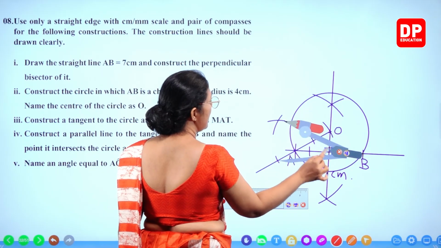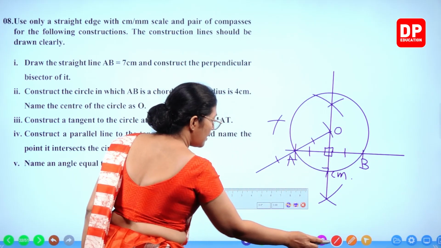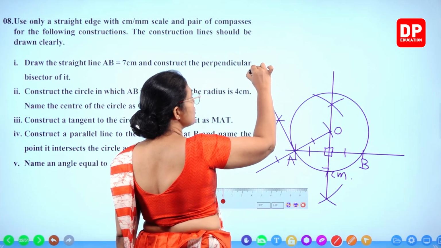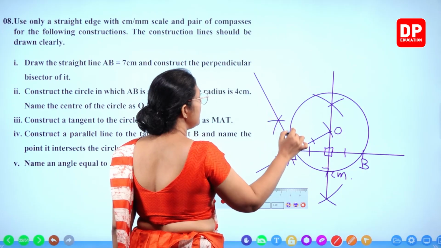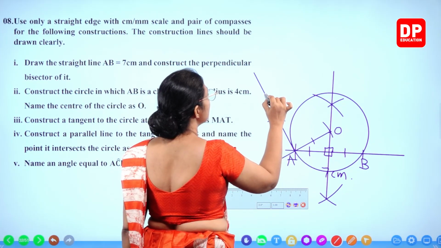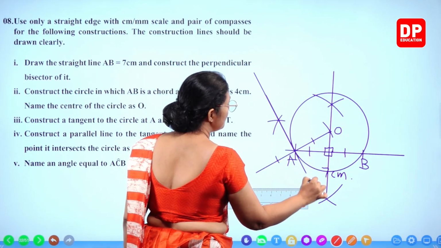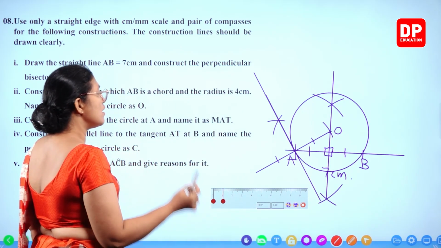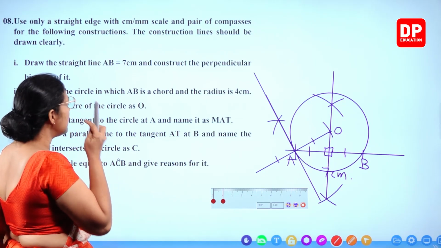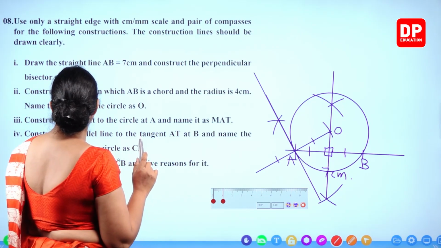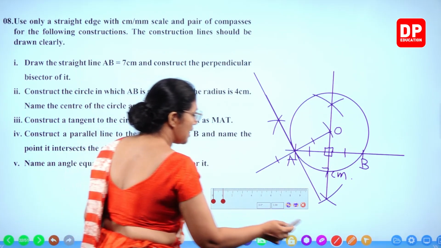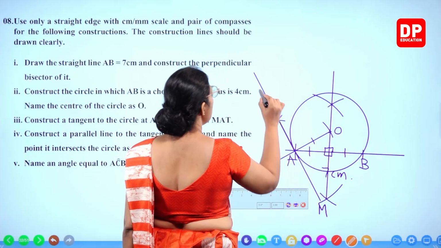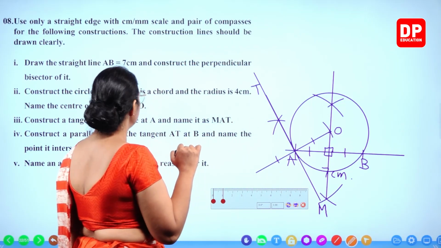Then you can connect the A point and this intersecting point. So that's the tangent line. You can extend this line to the other side as well with your ruler. So that's the tangent drawn to the circle at point A. Then label it as MAT.